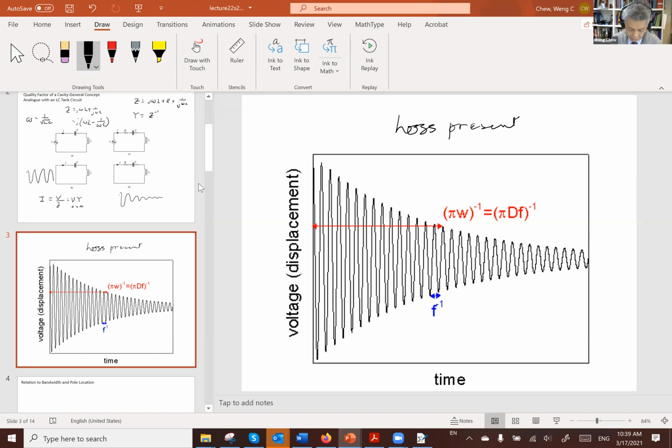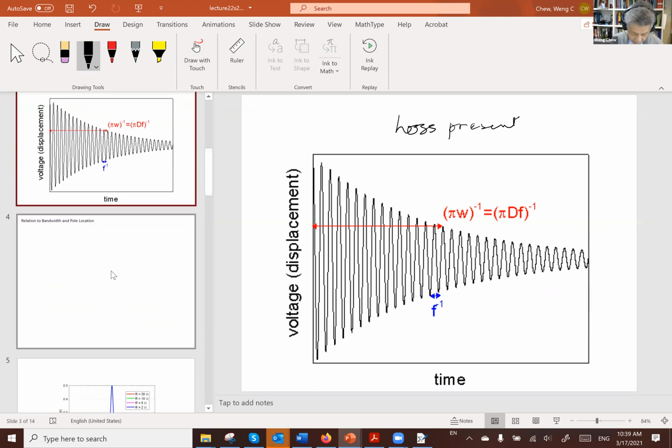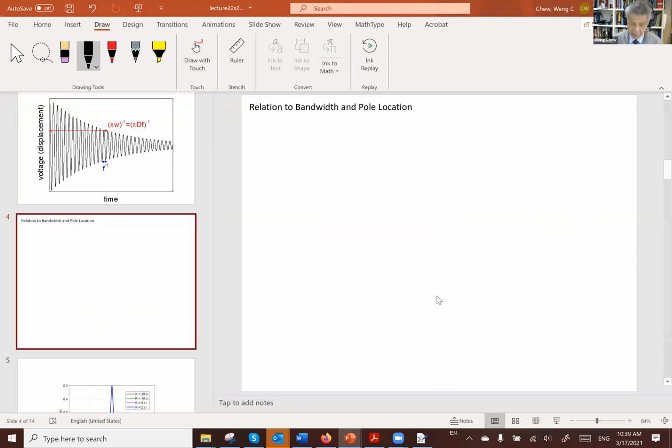When loss is present, then the voltage has to decay in the solution, and we can actually relate the Q, the definition of the Q of a system, to this decay rate and the oscillations and so on.